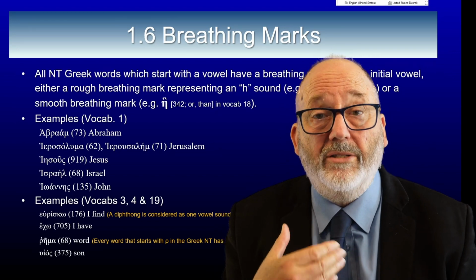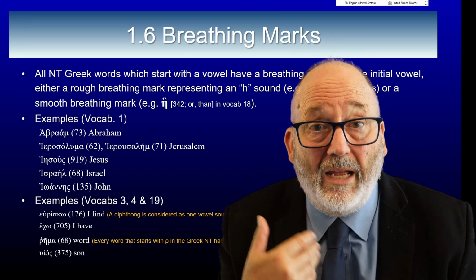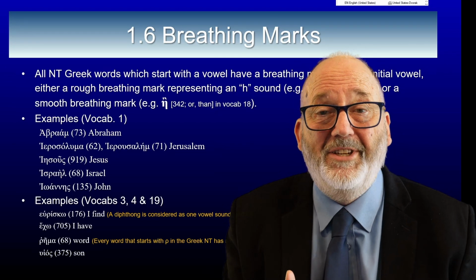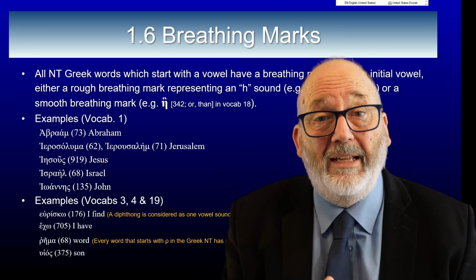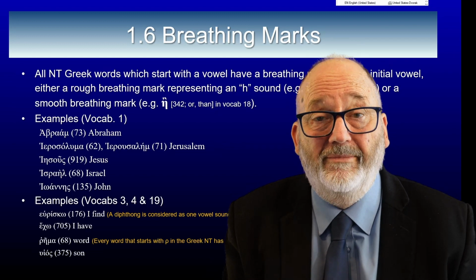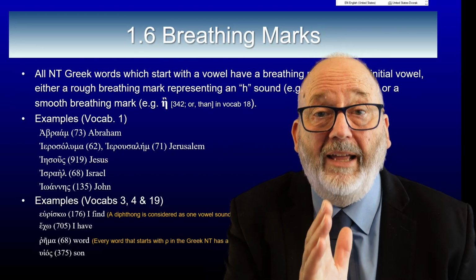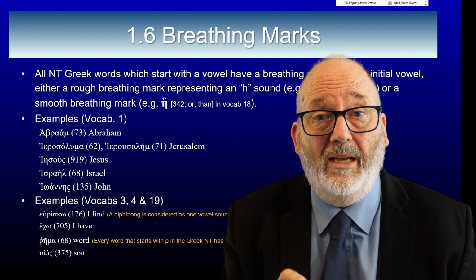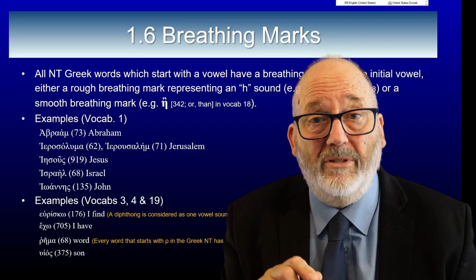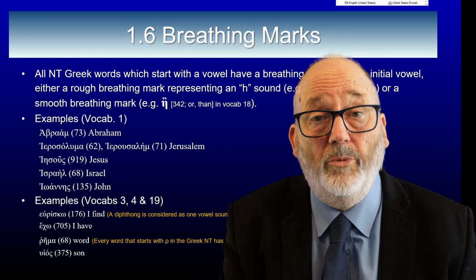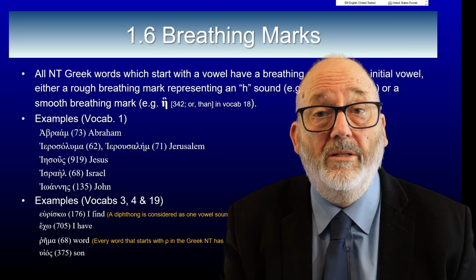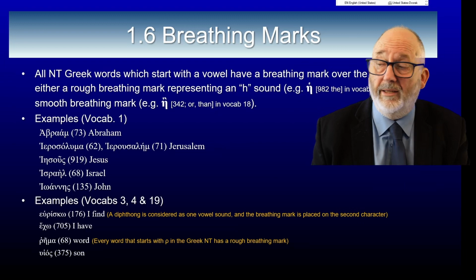The ancient Greeks thought they heard a sort of sound before the vowel was pronounced. And so they said, well, we need one of those as well. It is just a. So the difference between hey and a is a rough breathing mark versus a smooth breathing mark. Now I've got some examples of words which use rough and smooth breathing marks.